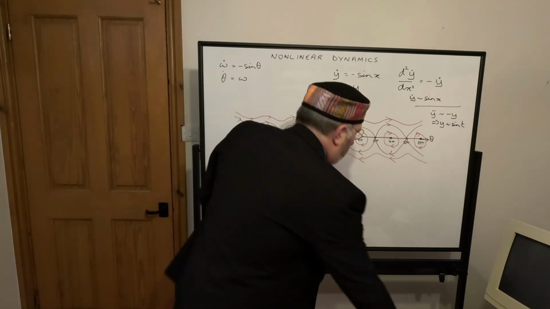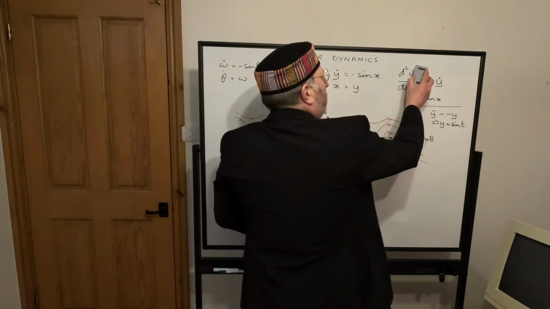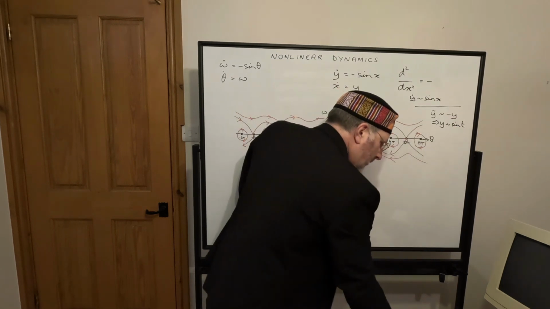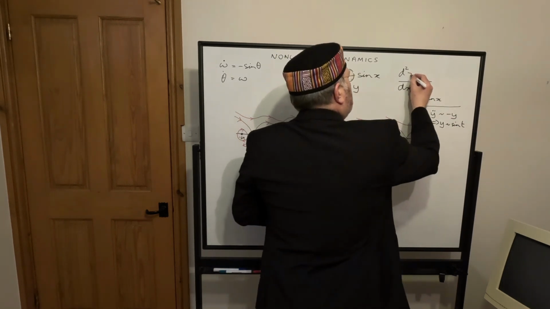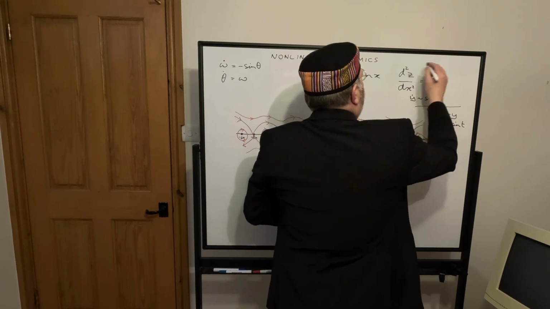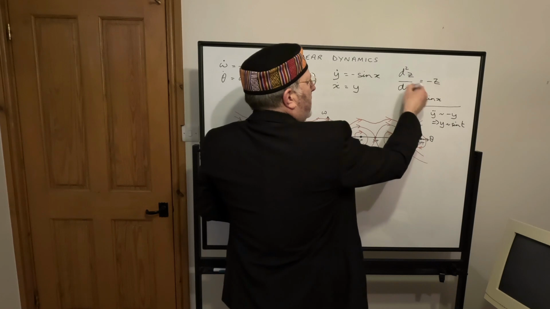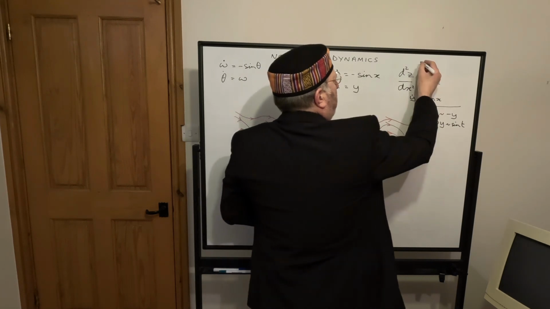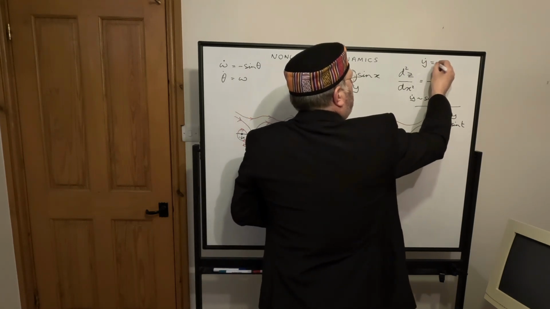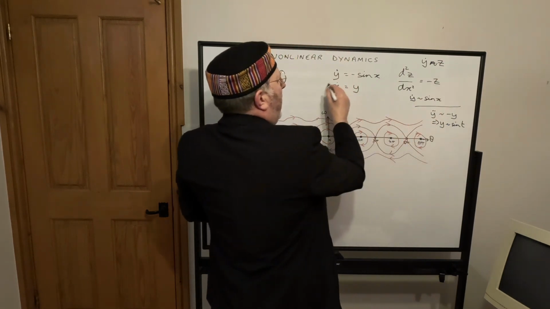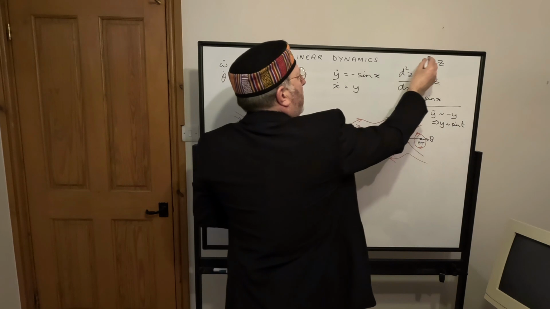And I've called it y dot, but y dot could be z. And then we'd have our system of equations: d2z by dx squared equals minus z, y dot equals z, or proportional to z, and x dot proportional to y.